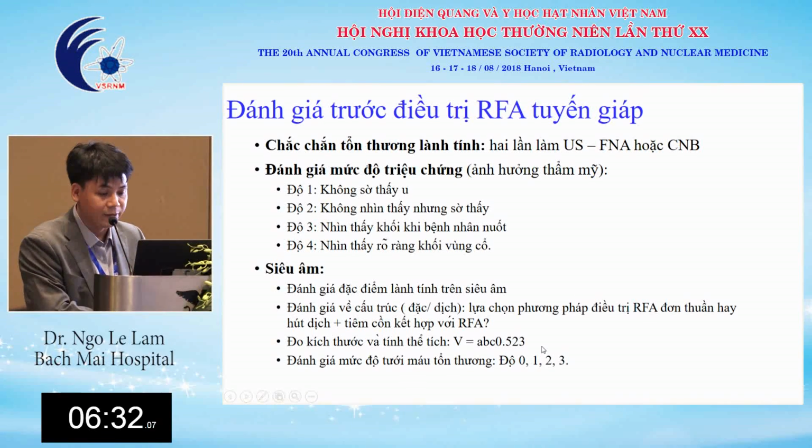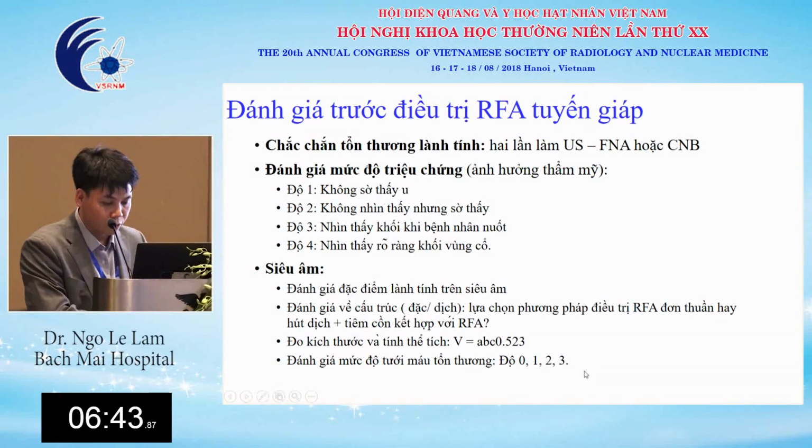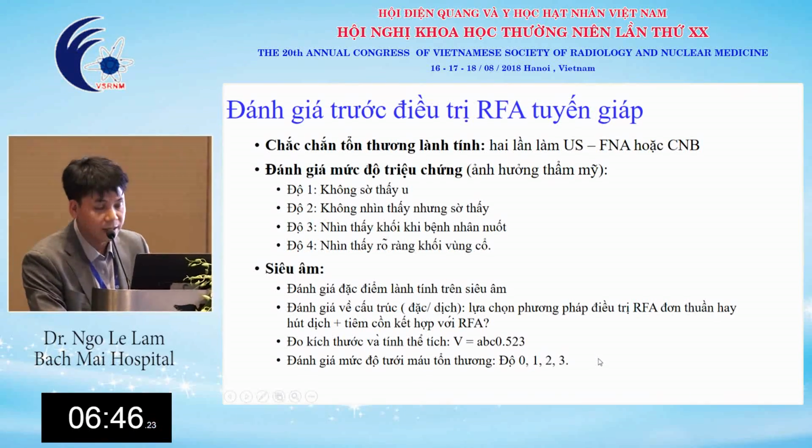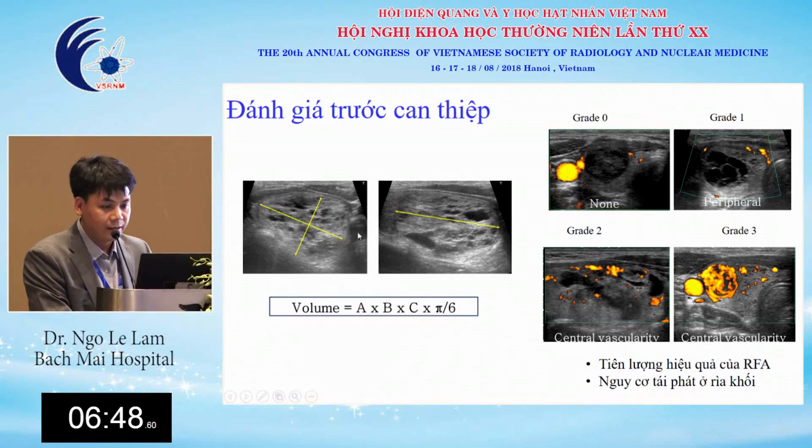We have to measure the volume of the nodule, and with these measurements we can do the follow-up after the procedure. Clinically, we can give 4 degrees. This is the illustration: we can see A, B, and C, a 3-dimensional measurement, to know the volume and compare it with the post-procedure size.